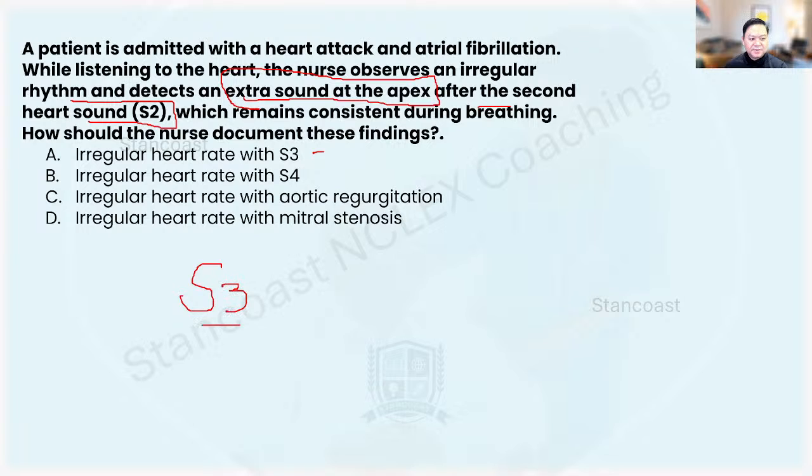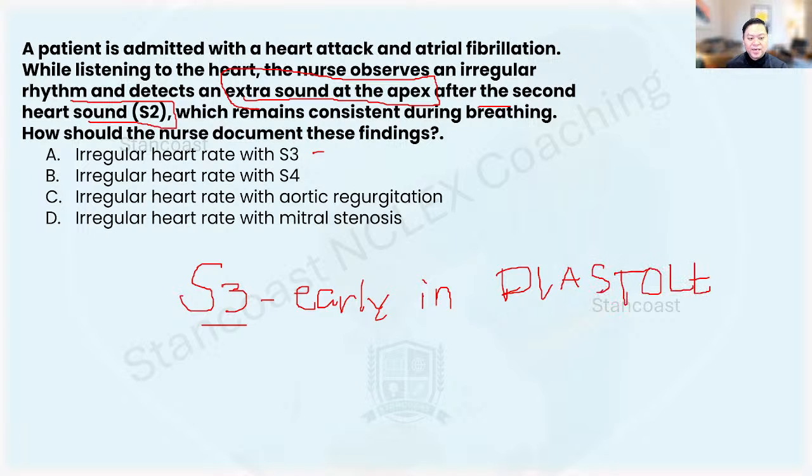S3 is actually heard early in the diastole. This is something that you can auscultate early in the diastole when the patient's heart relaxes. So that is the S3 sound, an extra heart sound.